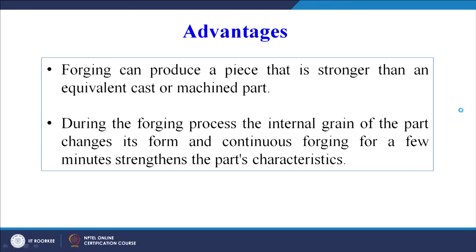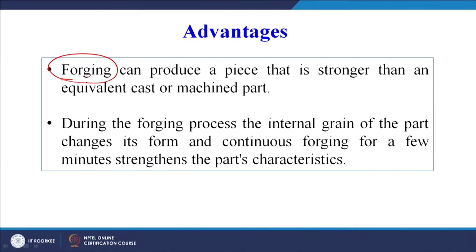Forging can produce a piece that is stronger than an equivalent cast or machined part. So what important guideline we can keep in mind is that if we are using forging as a manufacturing process, the part that we will get will be stronger as compared to the part made by casting as well as machining.